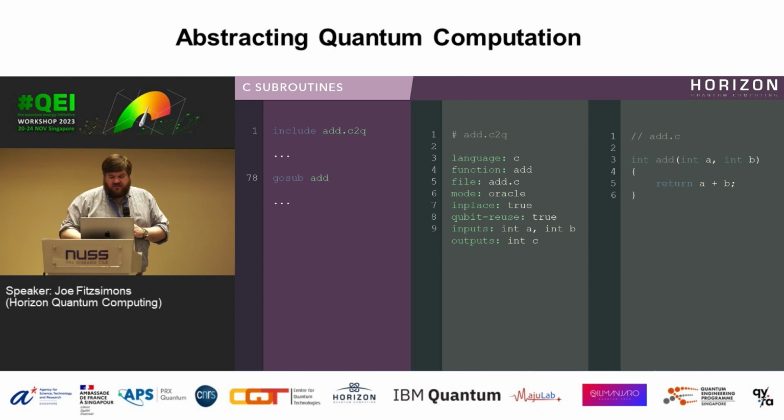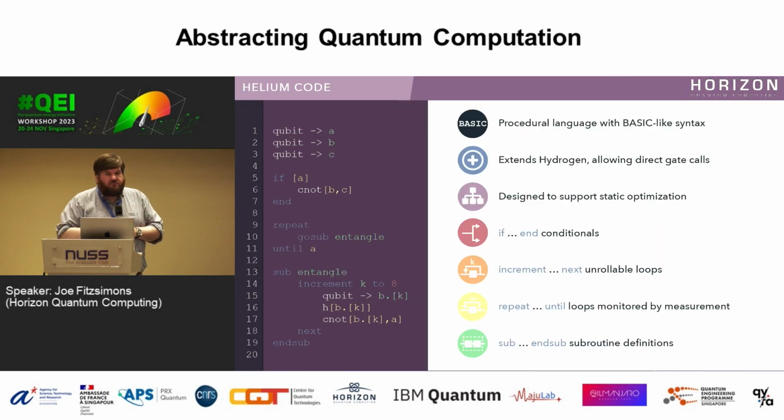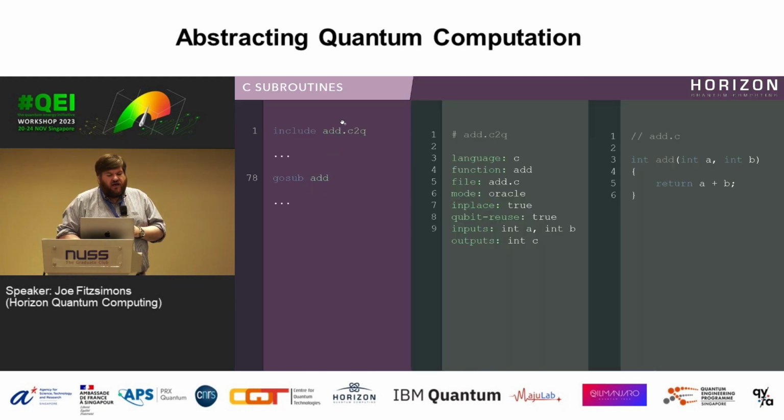But what's kind of neat is, going beyond this basic level programming language, we can also include these C2Q files. So we can include subroutines that are written in different ways. In this case, when I say include .c2q, I'm going to generate a subroutine from a file that's written in plain C. There's a couple of restrictions because it's going to generate a circuit fragment.